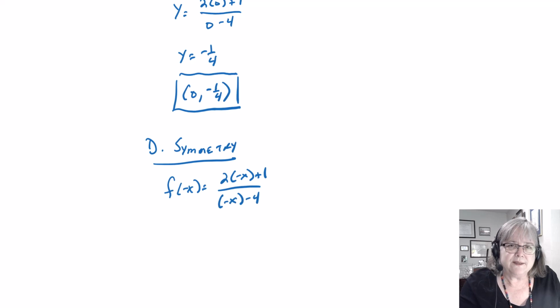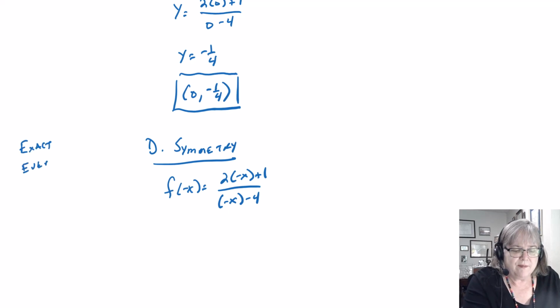If you get an exact match to the original function, so all the new negative signs clean up and you get an exact match, that's considered even, and that's symmetric with respect to the y-axis. If it's a true opposite, every sign in this new version is the opposite of the original version, then it's odd, and that's symmetric with respect to the origin.